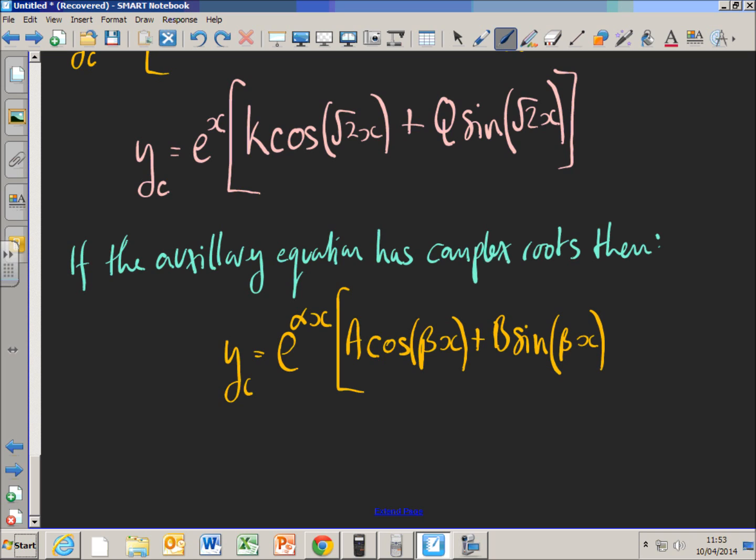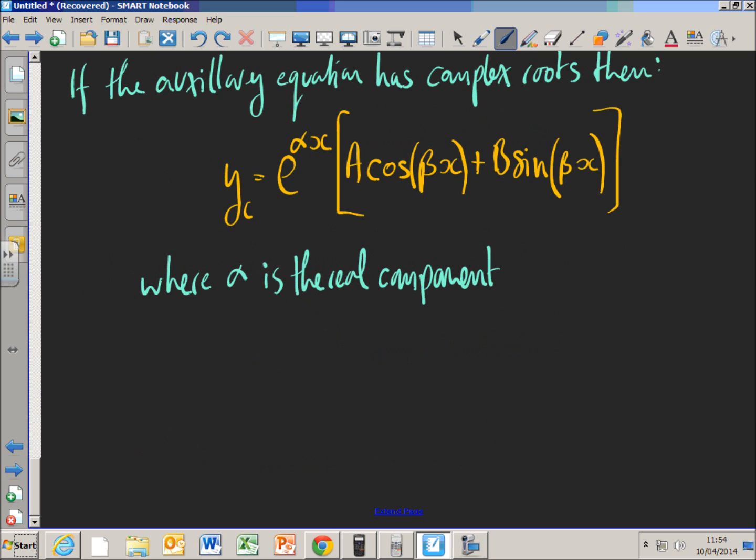Is everyone happy with that? And I'll just put on the bottom here where alpha is the real component of the root and beta the imaginary component.